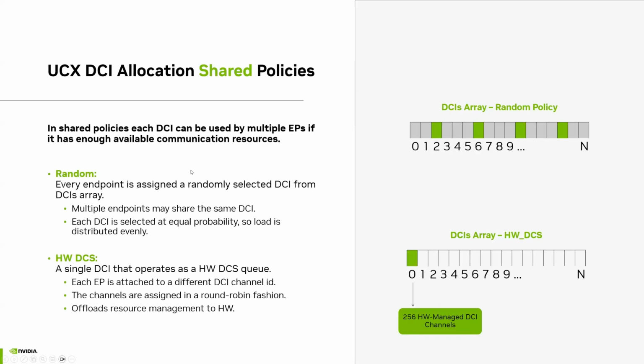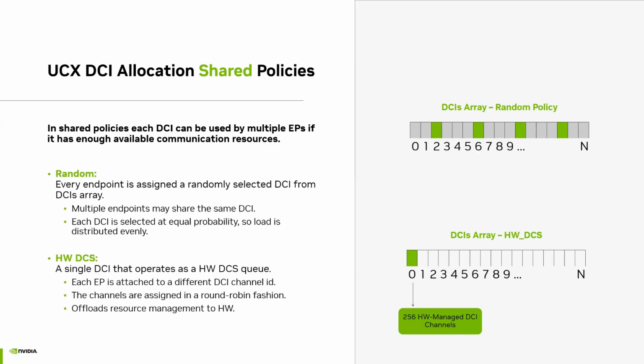Each endpoint is assigned a random index of the DCI array, and they can use it simultaneously, as long as that QP still has available resources. The idea behind the random policy is that each DCI is selected with equal probability, and the average load is distributed somewhat evenly.